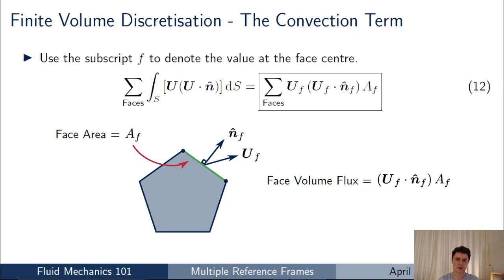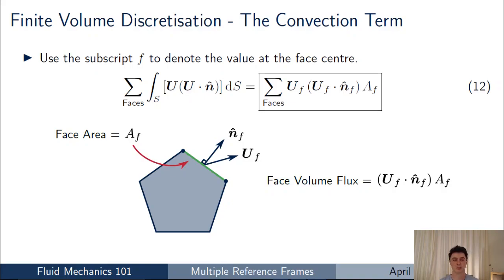And that can appear a bit confusing at first if you haven't seen this before, and so I've got a small diagram for you there on the slide to help explain. The way to think of this, of course, is that the velocity vector at the face center, uf, doesn't necessarily point out of the face, and this is the reason why we take the dot product of the two quantities.